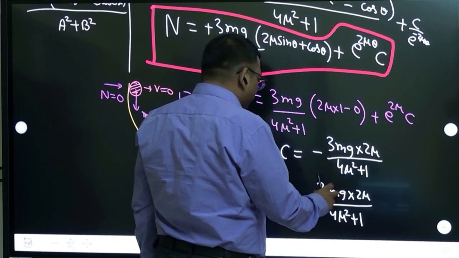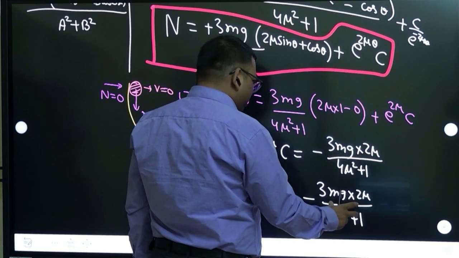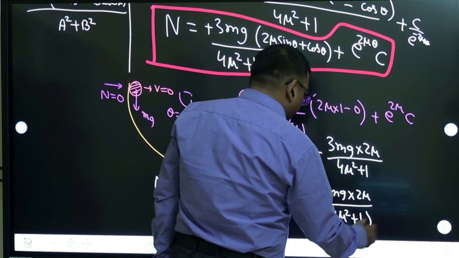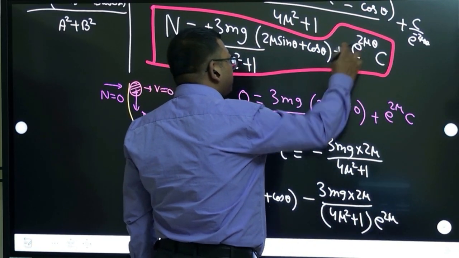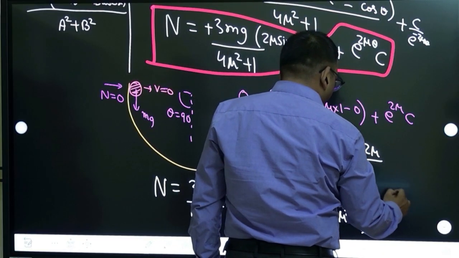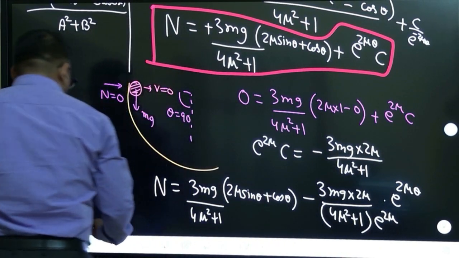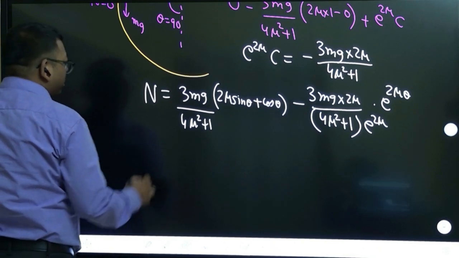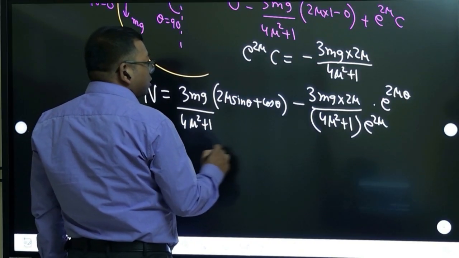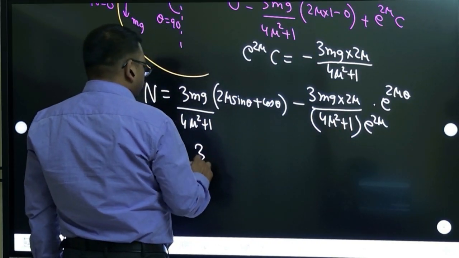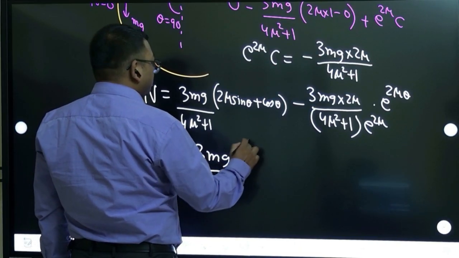So see, I am going to substitute here. So c is this divided by this. So this I have already put divided by e power 2 mu, and this e power 2 mu theta is extra here. Now let me calculate normal here. So what is normal? This is the normal. So I will take some common thing now here, let us take 3 mg by 4 mu square plus 1 common from the entire thing.